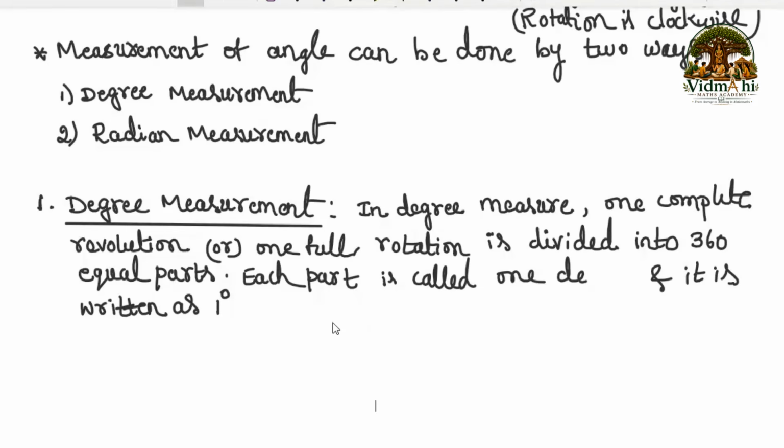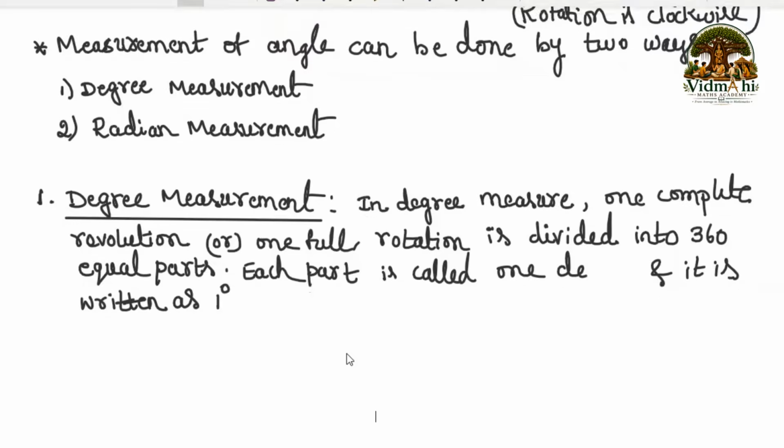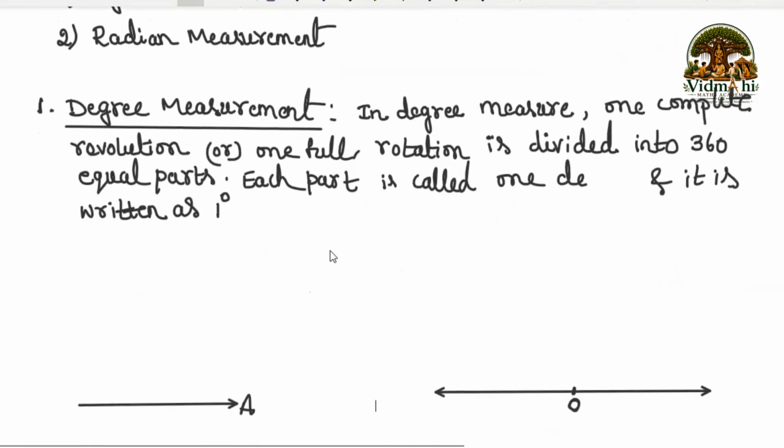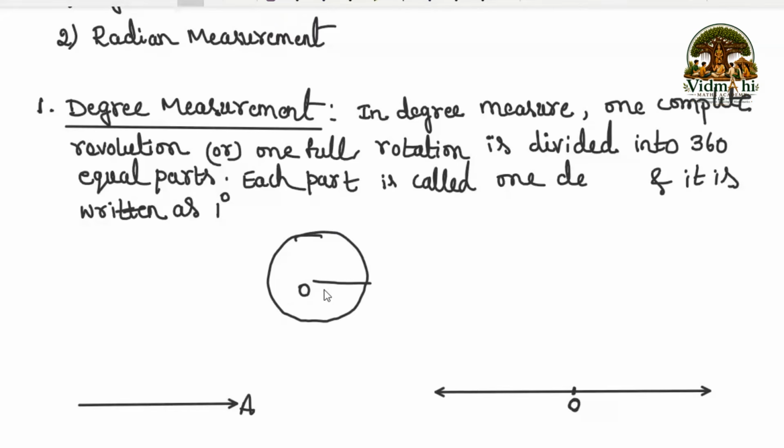In degree measure, one complete revolution or one full rotation is divided into 360 equal parts. Suppose OA is the initial ray, it completes one rotation.